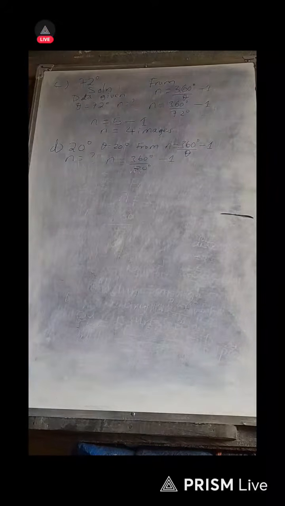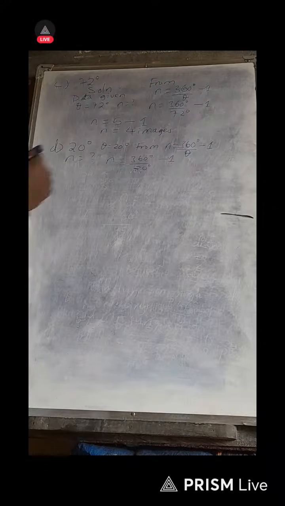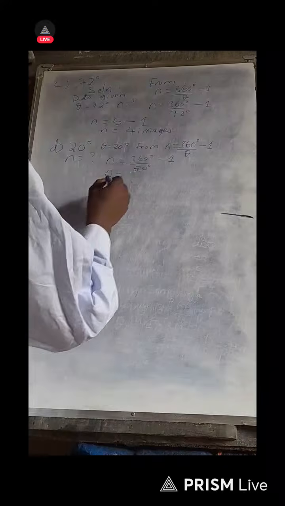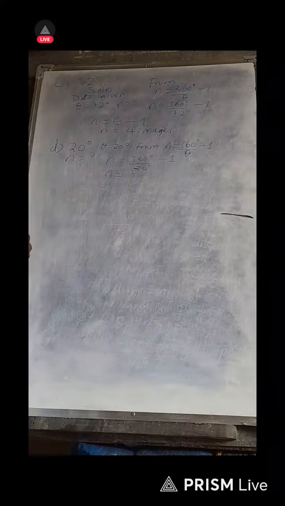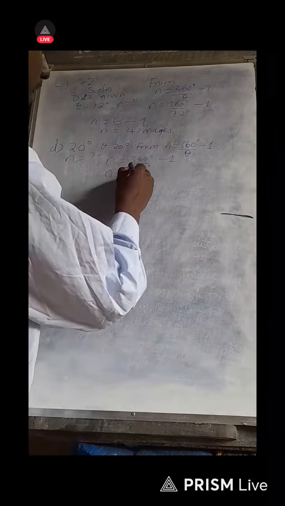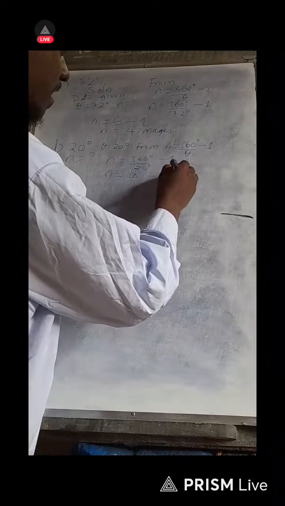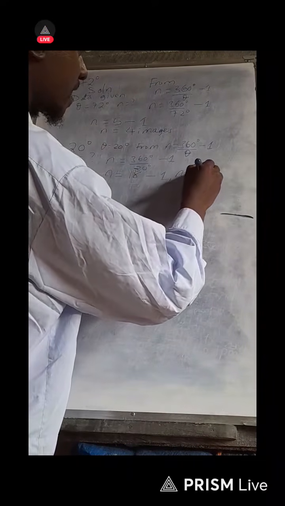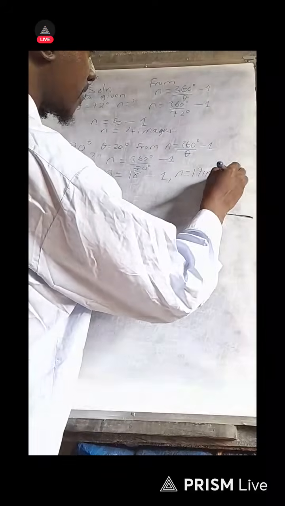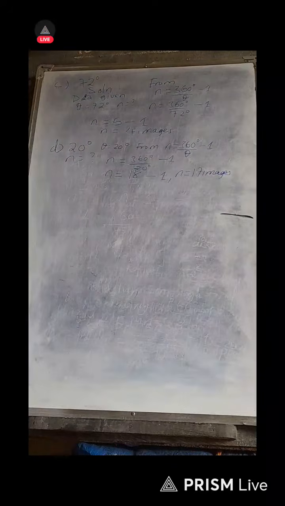If you take 360 degrees divided by 20, you find that n is equal to 18. 18 minus 1, so the number of images is equal to 17 images. 17 images will be obtained when the angle between the plane mirrors is 20 degrees. It is a very, very interesting lesson today.